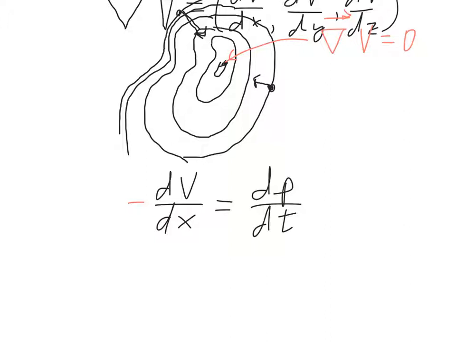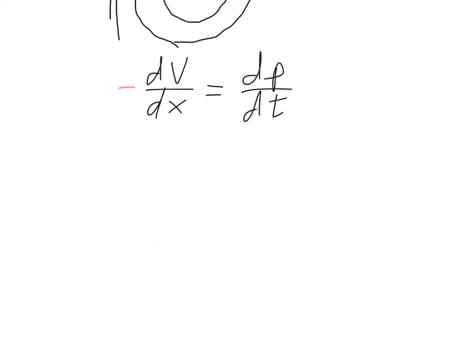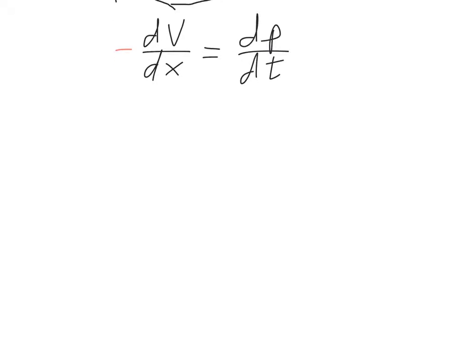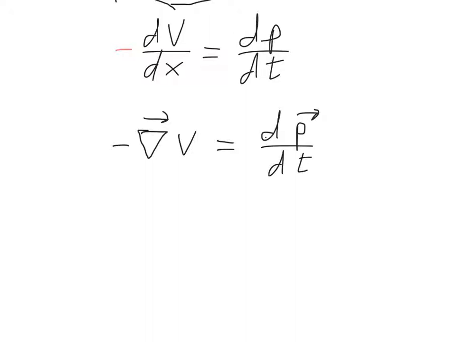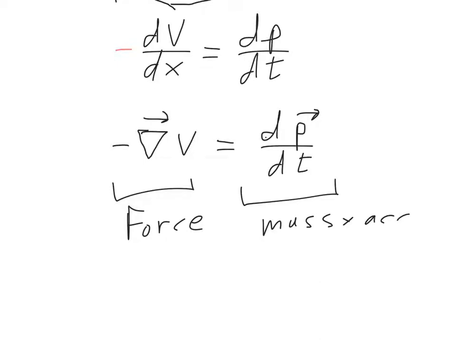When I write this in vector form, I have minus the gradient of v, which is a vector, is equal to dp/dt. Okay? So the left-hand side is the force, it's a force vector, and the right-hand side is mass times acceleration.